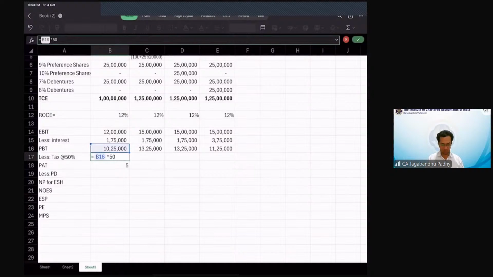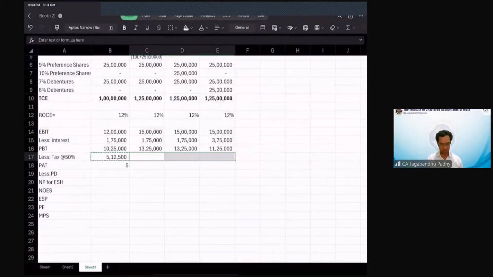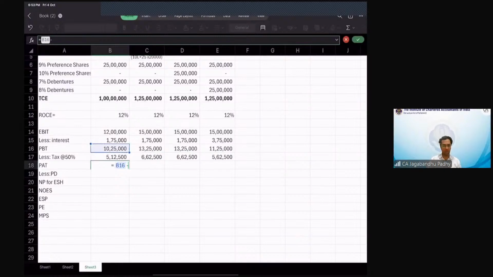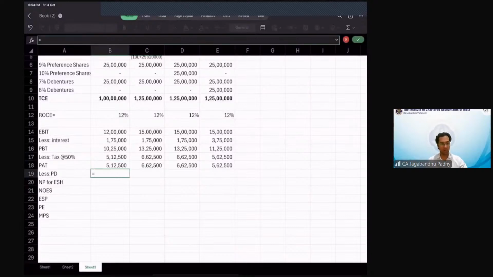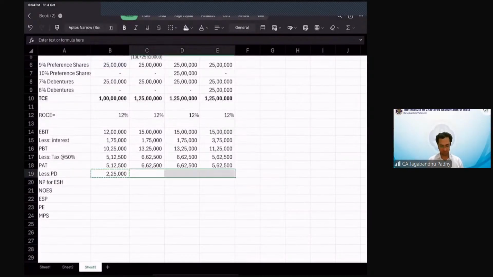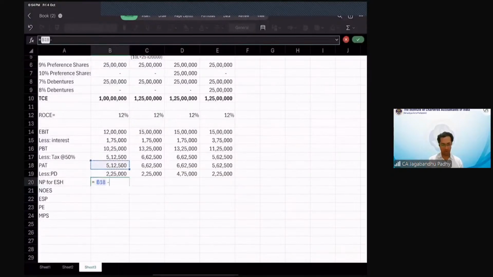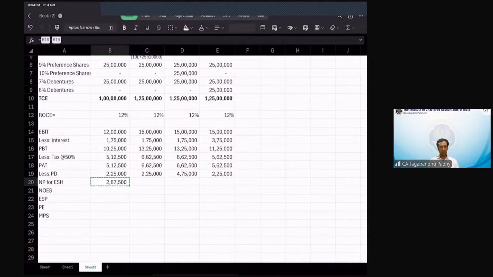PBT into 50%. Right? Then the PAT figure will be PBT minus tax. Then preference dividend will be 9% preference shares into 9% plus 10% preference shares into 10%. These are our preference dividend. Net profit for equity shareholders will be computed on a similar lines.